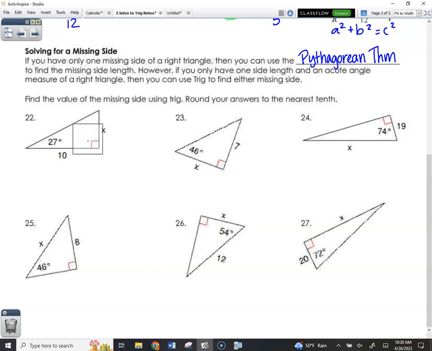Draw an arrow from the right angle to the hypotenuse. Then you're going to go to the acute angle that they give you. So I'm going to go here. You're going to put an asterisk. Now you're going to label the opposite and the adjacent. What's x? Opposite. What's 10?